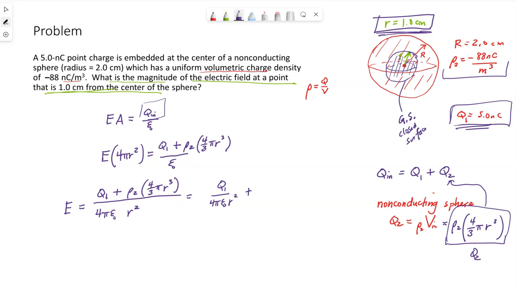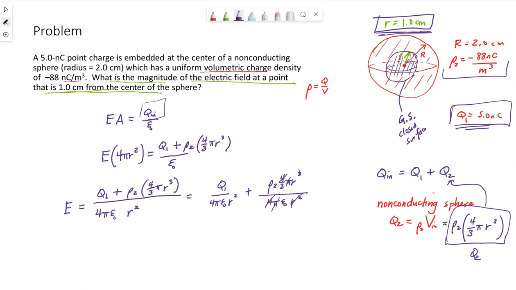That's for a point charge. We have a point charge embedded in the center. The second portion, we would have the rho 2 times 4/3 pi r cubed in the numerator, over 4 pi epsilon naught r squared. So here I could cancel a 4 and a pi.